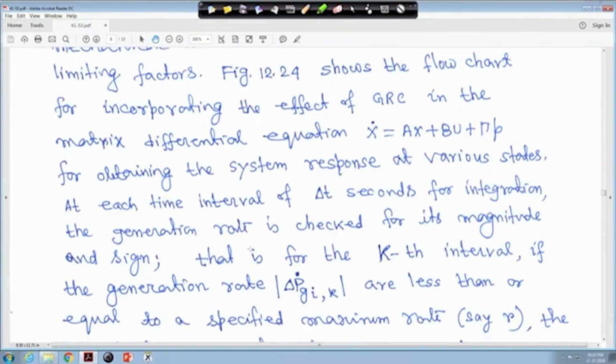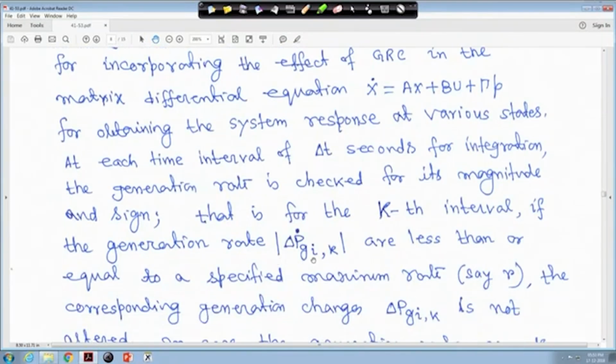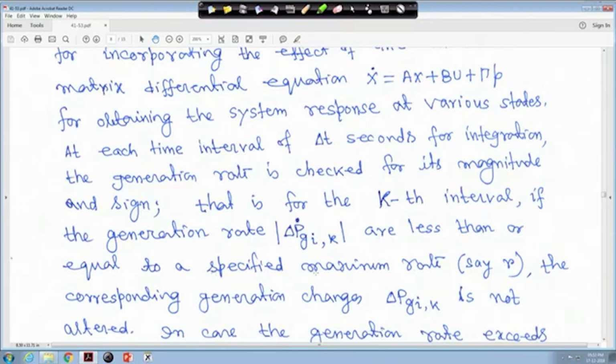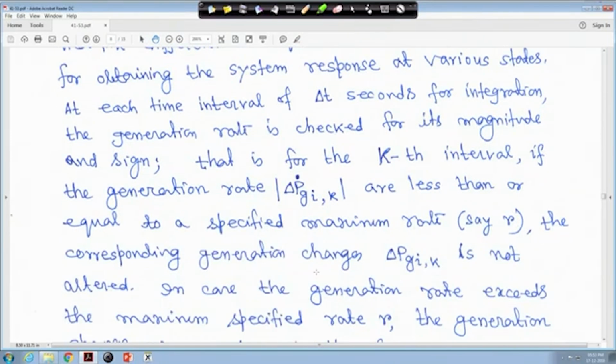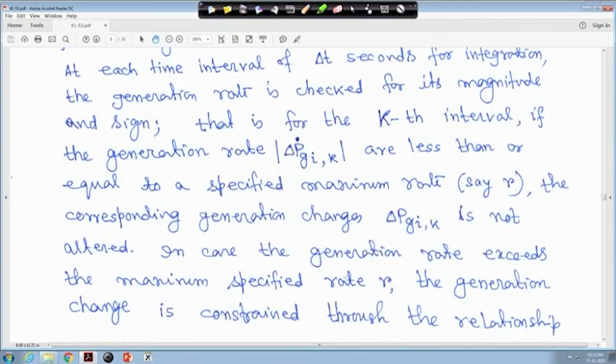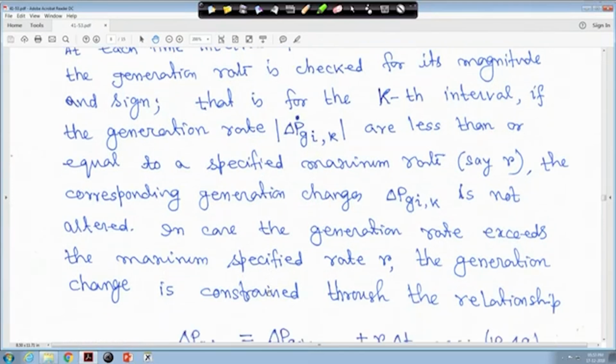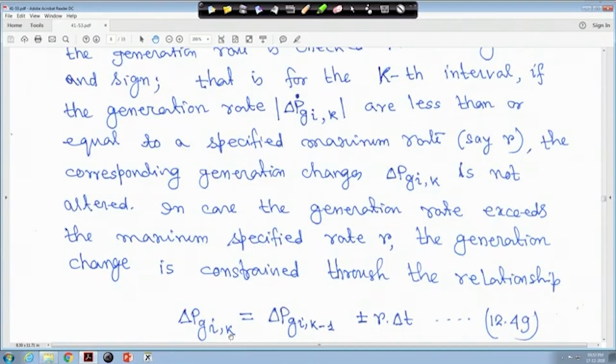That is, for the kth interval, if the generation rate delta Pgi dot of the ith generating unit is less than or equal to a specified maximum rate r, the corresponding generation change delta Pgi k is not altered. In case the generation rate exceeds the maximum specified rate, the generation change is constrained to delta Pgi k equal to delta Pgi k minus 1 plus or minus r into delta t. That is how we get this.